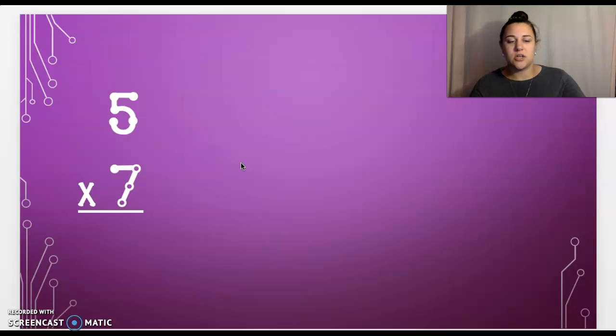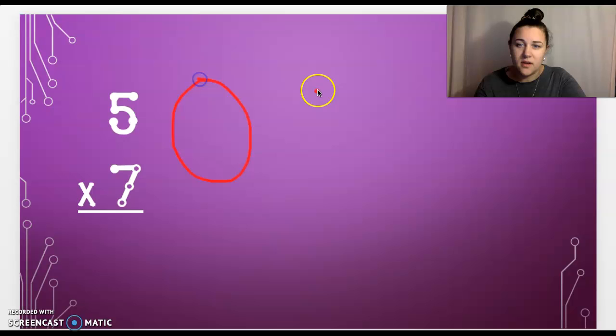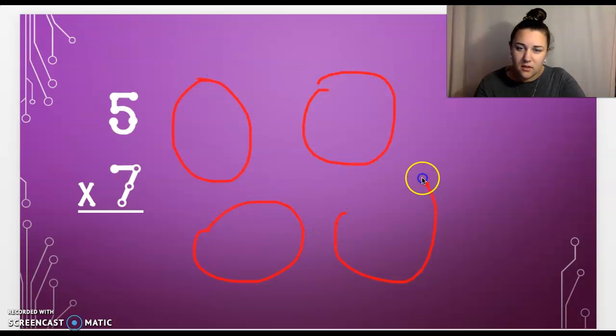So now let's get started with some multiplication. Okay, so we have 5 times 7. Now remember, when we make equal groups, if we decide to use this strategy, which is fine, our first number tells us how many groups we need. So how many groups do I need to make? 5. Awesome job. So 1, 2, 3, 4, 5.